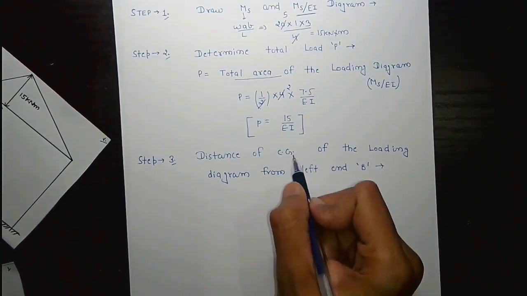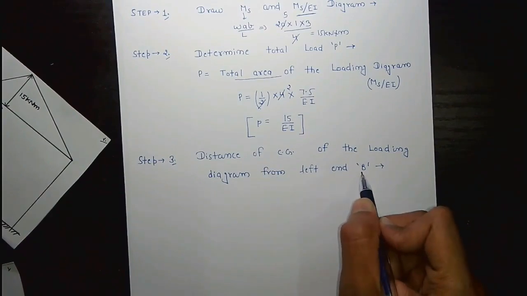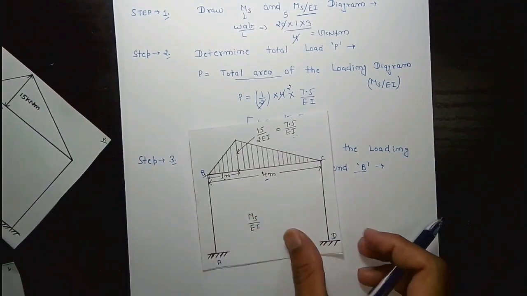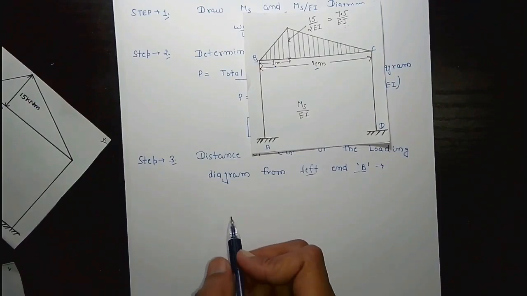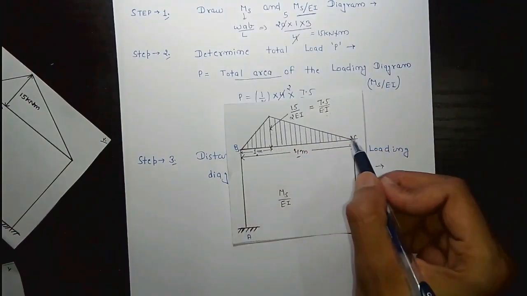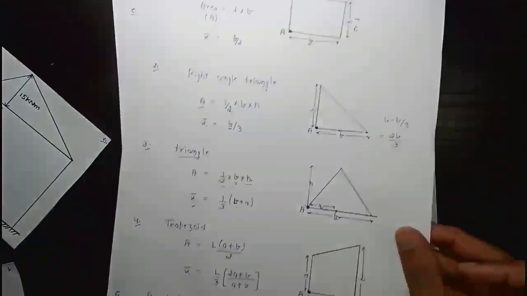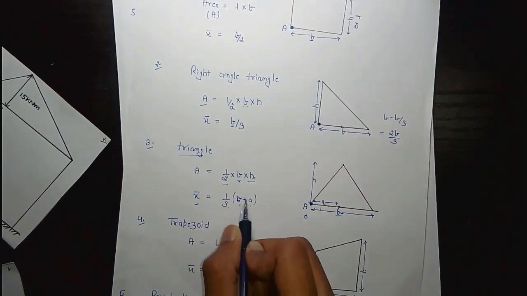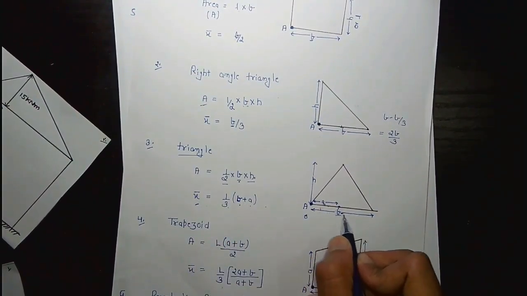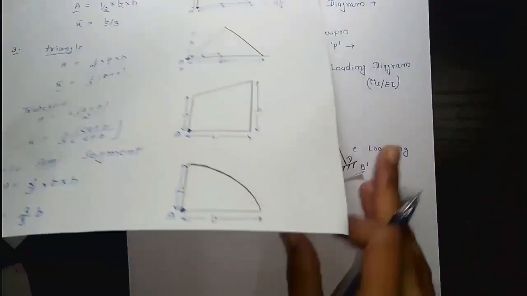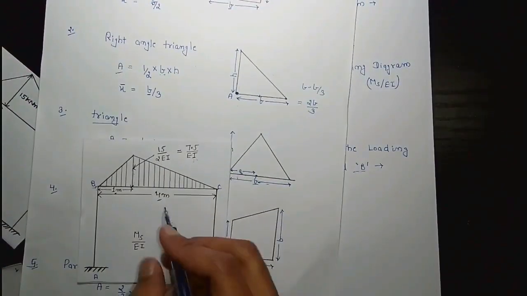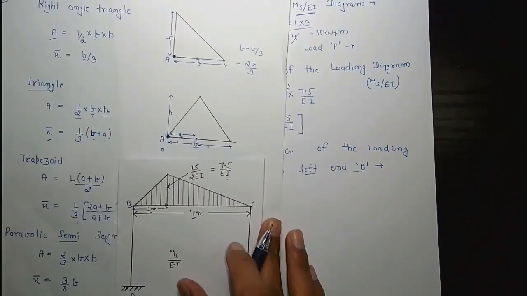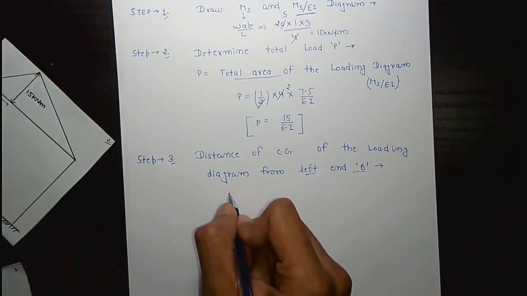Now step 3, distance of CG of the loading diagram from left hand B. So again it is a triangle. For a triangle we know that x bar is 1 by 3 (b plus a). Now comparing this triangle with that triangle, a is 1 meter and b is 3 meter.